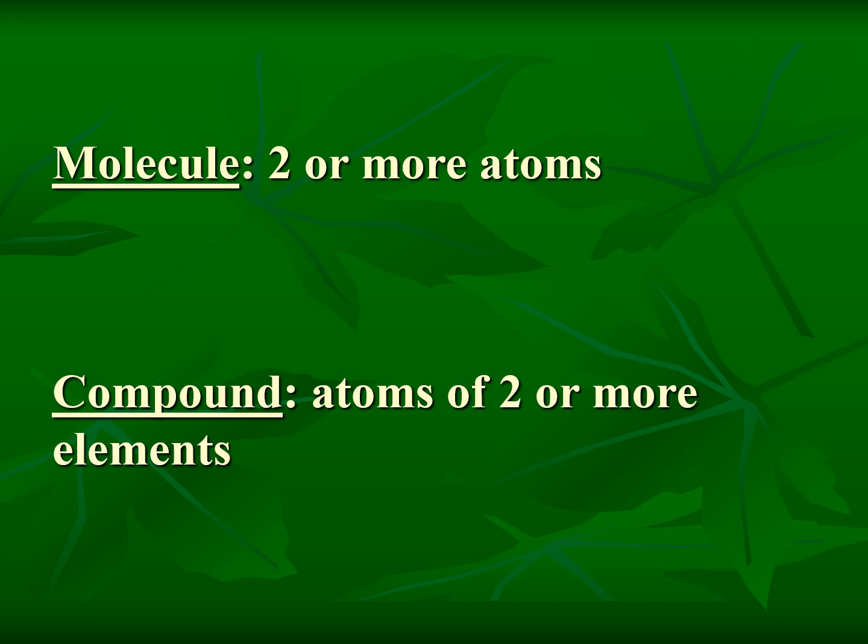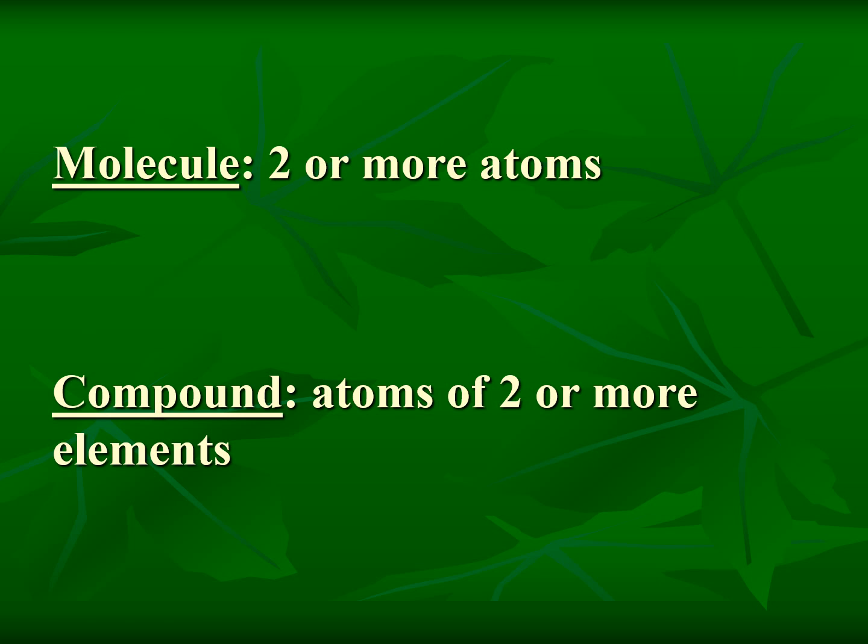A molecule, oftentimes this terminology that we use, is just where you have two or more atoms that are combined together. That could be two oxygen atoms. It could be two hydrogen atoms. Oxygen in the atmosphere is often what we call O2. It's two oxygen atoms that are combined together.